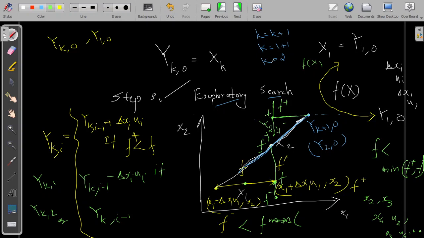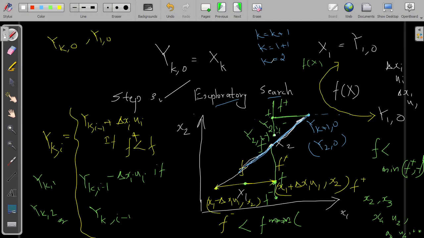Again we will evaluate the objective function at these 3 points and find out which point minimizes it. Suppose that is this point, then that will be y22. So we have reached this point.